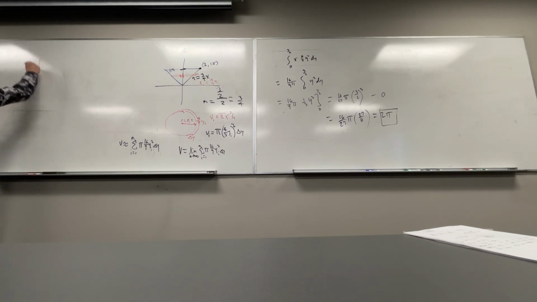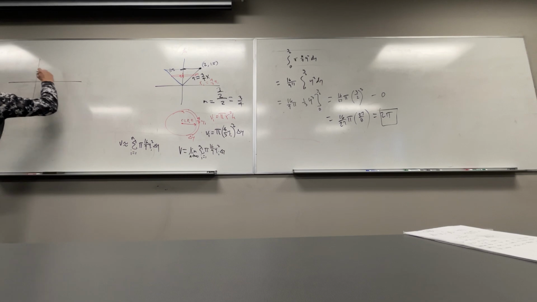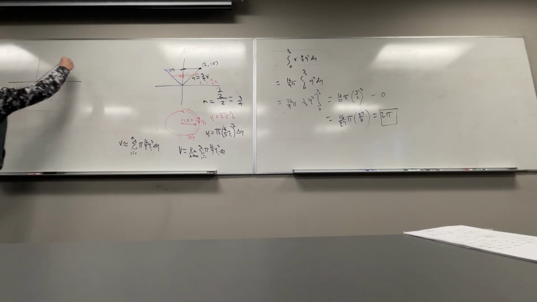So, starting with the same graph, y equals 3/4 x. I'm going to rotate it about the x-axis.